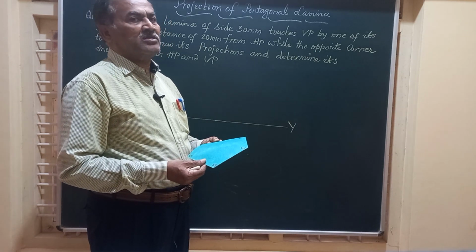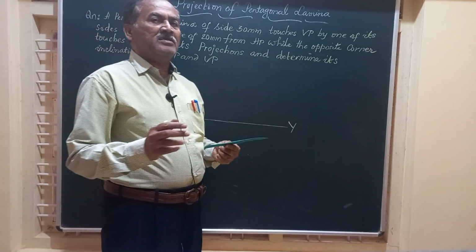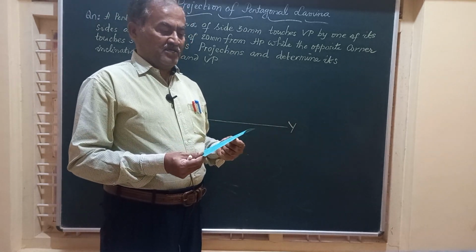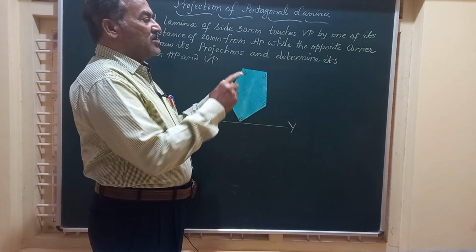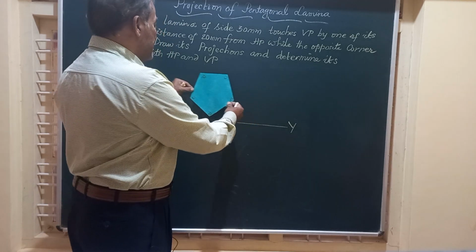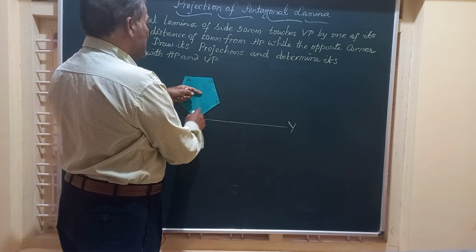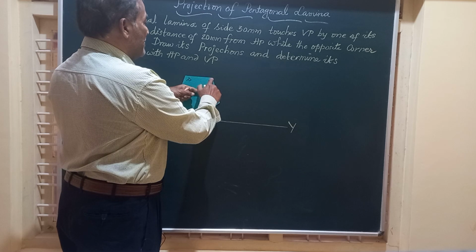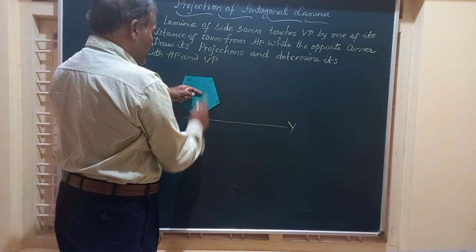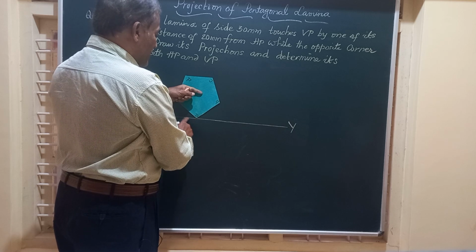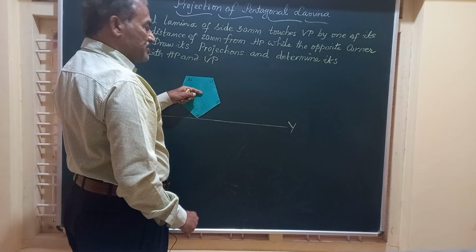Friends, in this question, we will have the solution using the side view method. Since the lamina has to rest on one of the sides, I place the lamina on VP such that one of the sides, or the total surface of the lamina, is on VP, and the corner opposite to that side is touching HP.